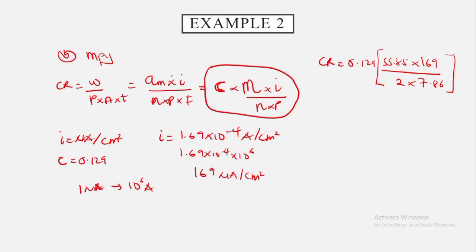So you take your calculator, 0.129 brackets open, 55.85 times 169 all over 2 times 7.86. And when you close the bracket, what you're going to get is your corrosion rate in MPY to be 77.455 MPY. Very simple.